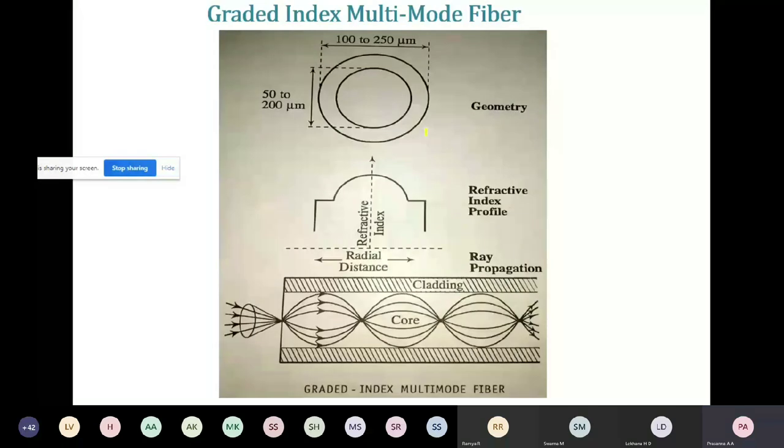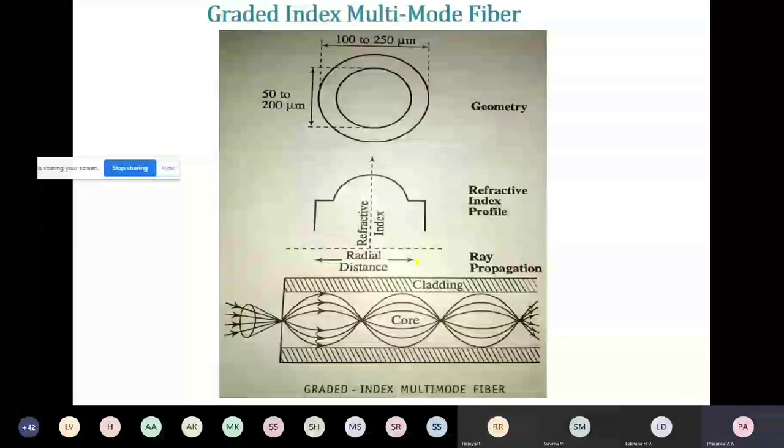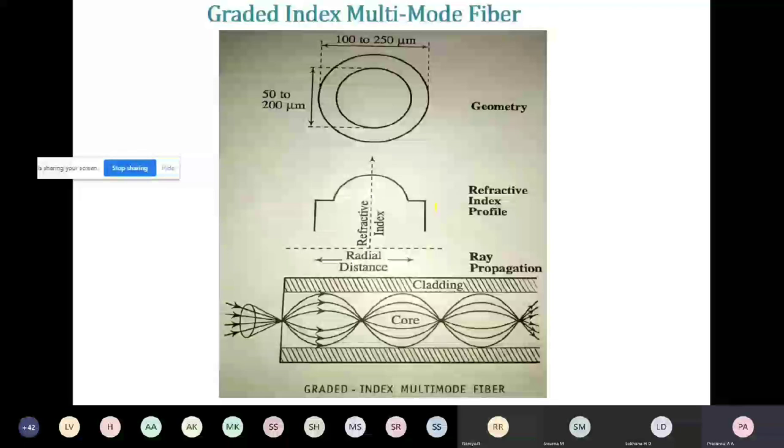So what was done? The only difference from the second type, the step index multimode optical fiber, is that the core is made to have a variable, gradually changing refractive index. That's why it's called graded index.